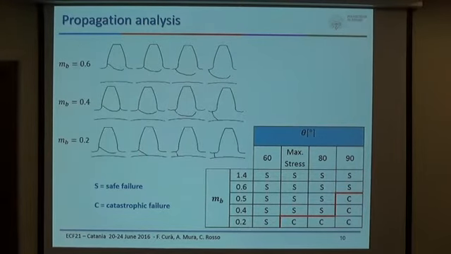The first are propagations at low speed, so propagation with negligible centrifugal load. In this case, we can see that for backup ratio higher than 0.6, we always have safe propagations, so propagation through the tooth, and for backup ratio lower than 0.6, we may have propagation through the tooth or through the rim according to the starting position of the crack.